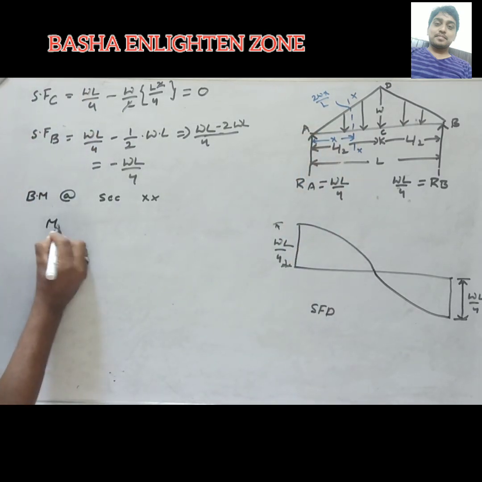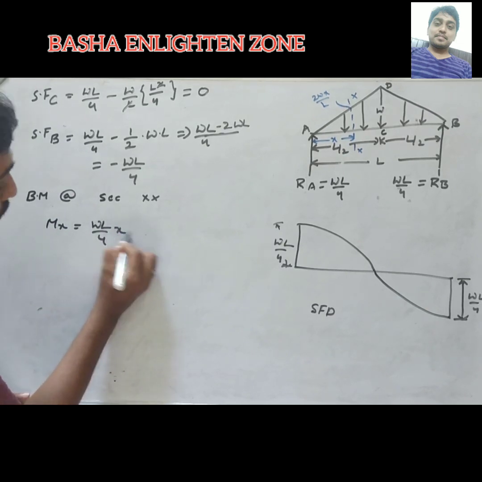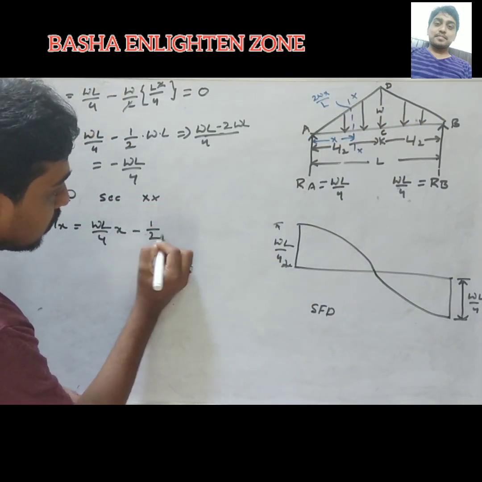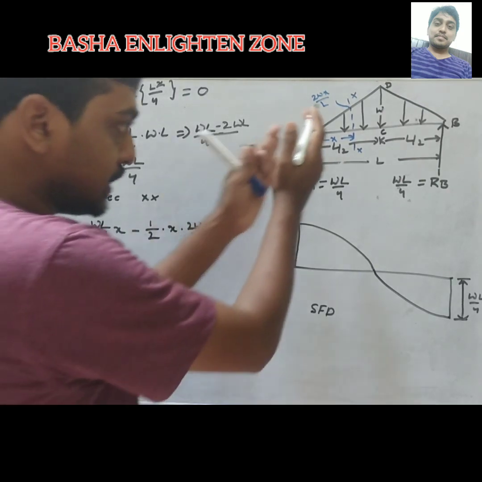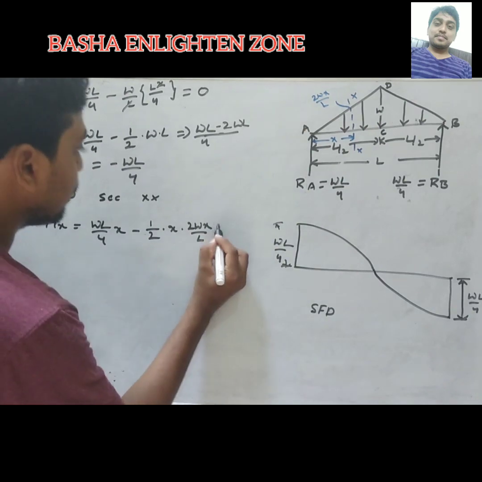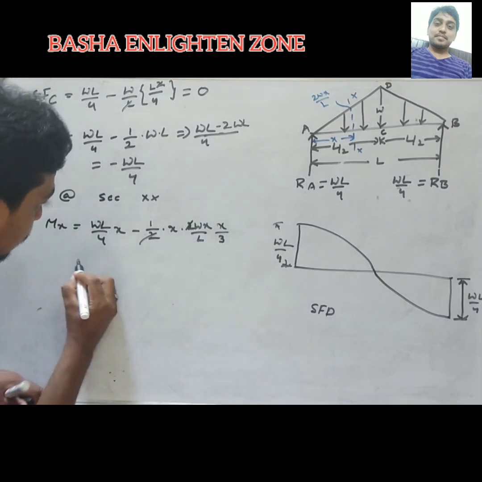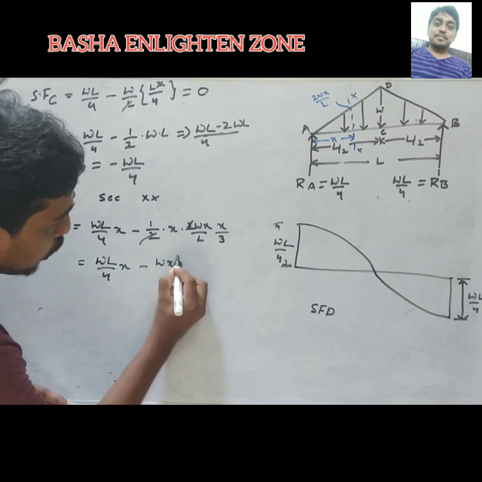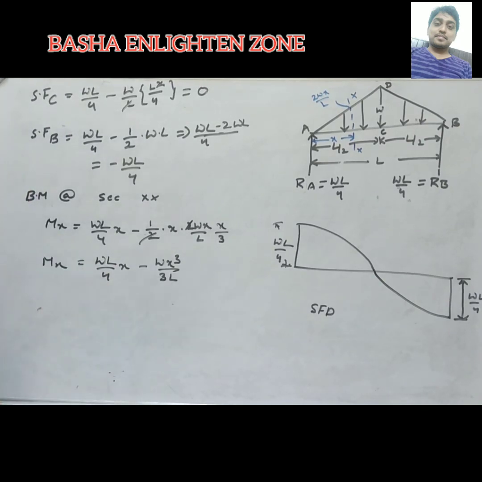So bending moment at X will be equal to RA into X, WL by 4 into X, minus, so this is clockwise and this is anti-clockwise, half base is X, height is 2WX by L. It will be acting at a distance of X by 3 from the base. So then simplify this: WL by 4 into X minus WX cube by 3L. So this is your bending moment at X position.